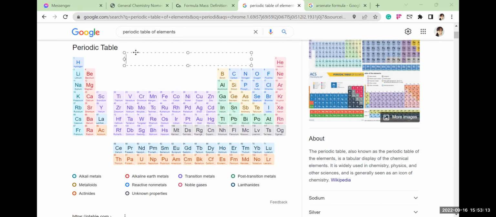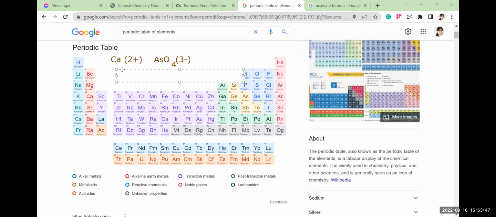So you have calcium. What's the charge of calcium? 2 plus, right? And then you have the arsenate ion. Arsenate ion is AsO4, but the charge is 3 minus. So how do you combine calcium arsenate?